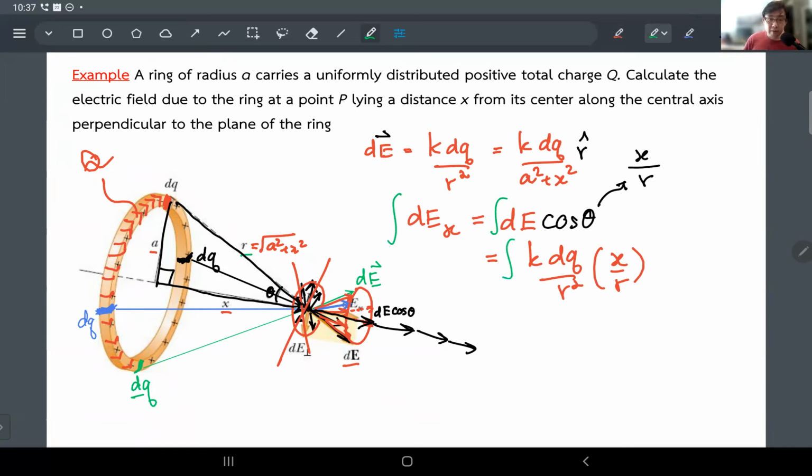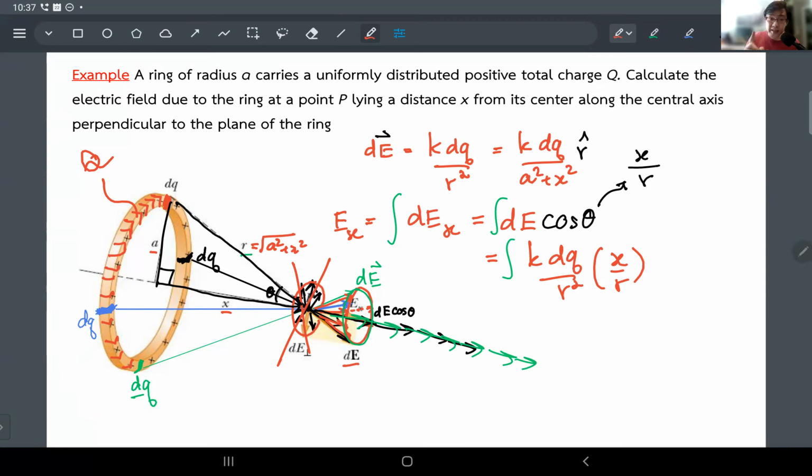I'm going to take them all, just complete the whole cycle, sum them up. Now you start to wonder how can we do this integral? How can we find the net integral of this? All right, calm down. It's not that bad.